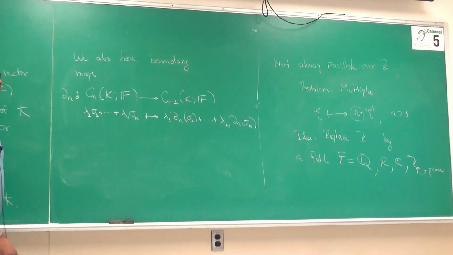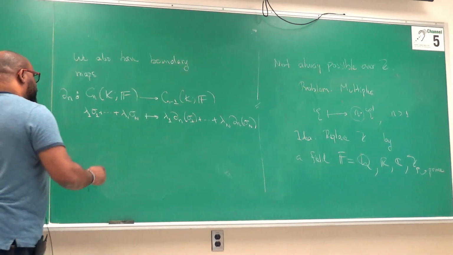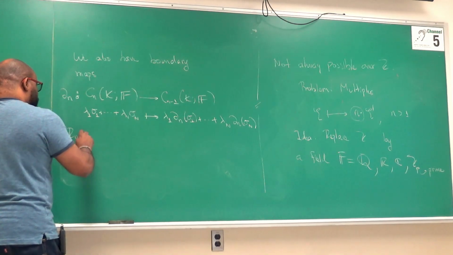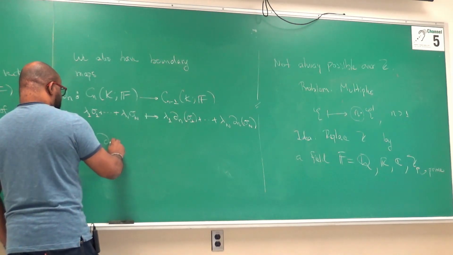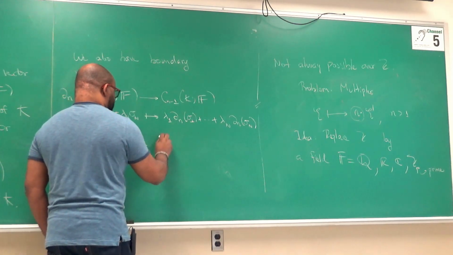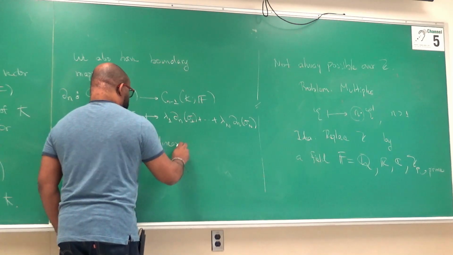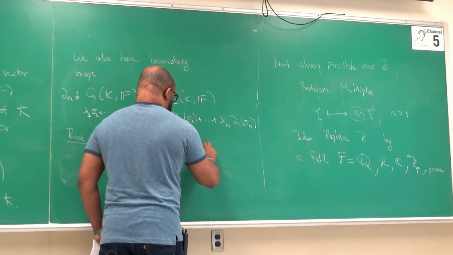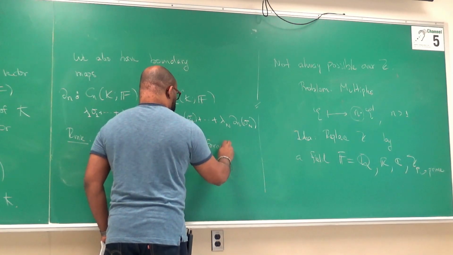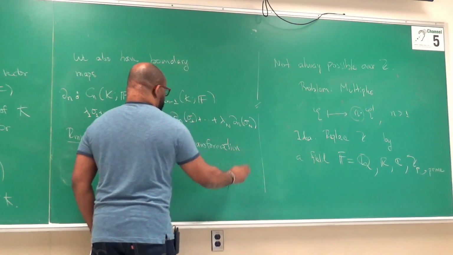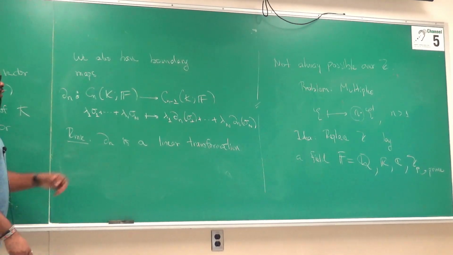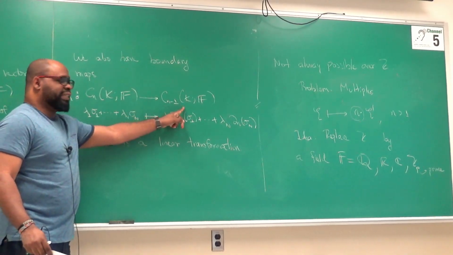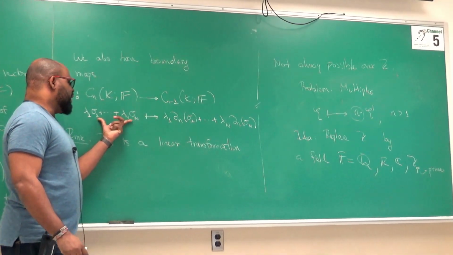Okay? And then the remark is that now delta n is a linear transformation. Right? So a linear transformation in the linear algebra sense. It goes from this vector space to this vector space, and it acts linearly.